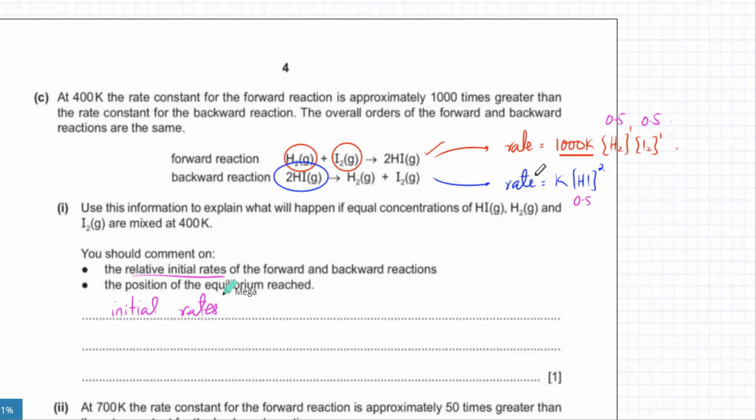So the backward rate would be 1000 times lesser. So he said that you should comment on the initial rate of the forward reaction. What we figured out is that the forward rate would be 1000 times faster.